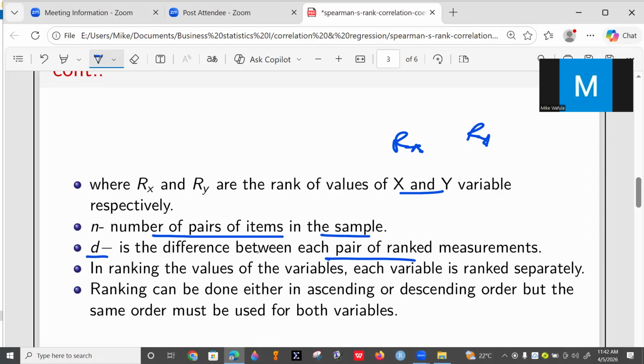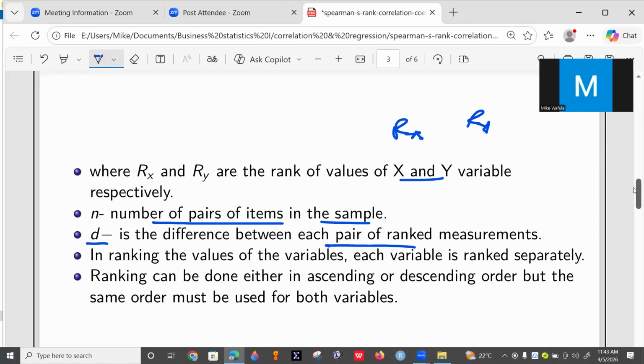Something important to note, whenever we are computing this correlation coefficient by Spearman, is that when ranking the values of the variables, each variable is ranked separately. You rank the column of Y alone, then you rank the column of X separately, before you carry out the corresponding differences between those values.